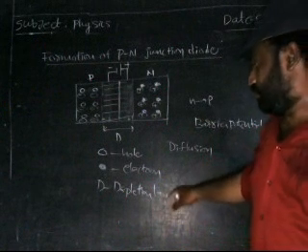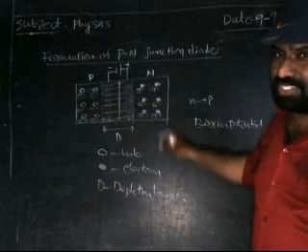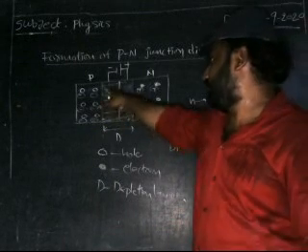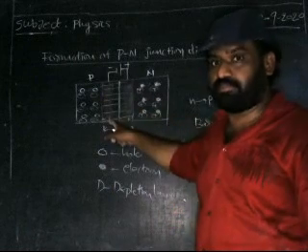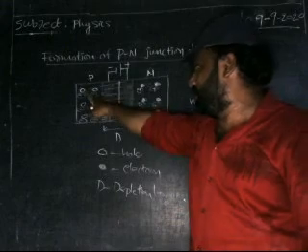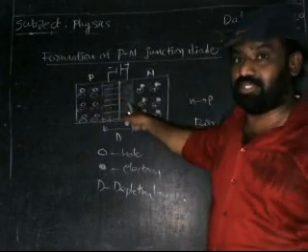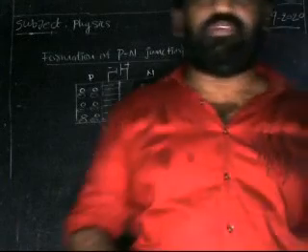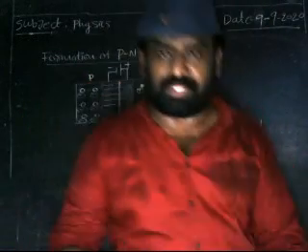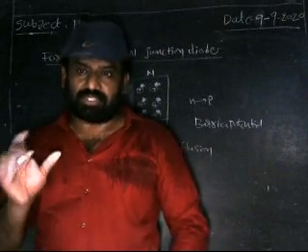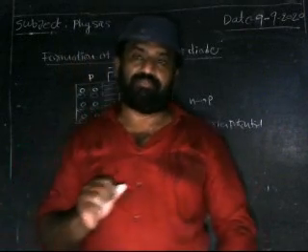Again, this is the definition: a narrow region formed between P-type and N-type semiconductors where there are no mobile charge carriers is called the depletion layer.